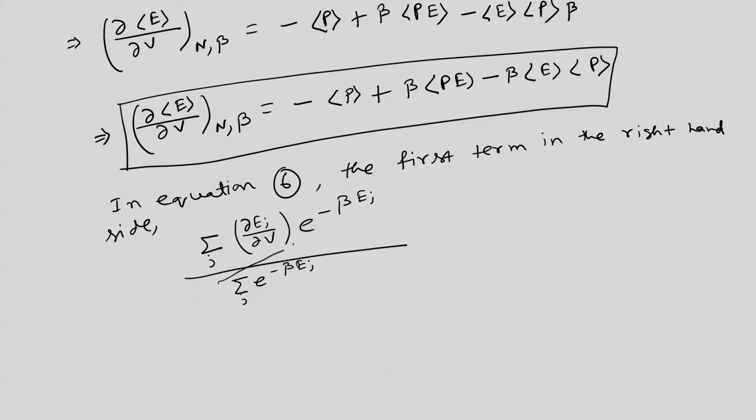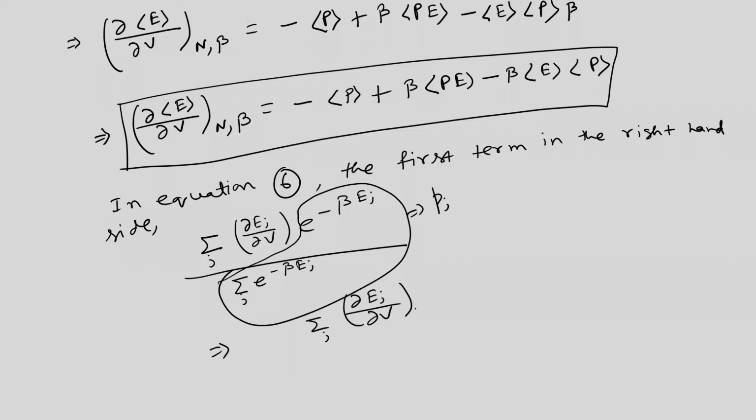So this term gives us Pj, the probability. This term reduces to sum over j del Ej by del V at constant n times Pj, and this is nothing but minus of average pressure. So this is the first term in the right hand side of equation 1.